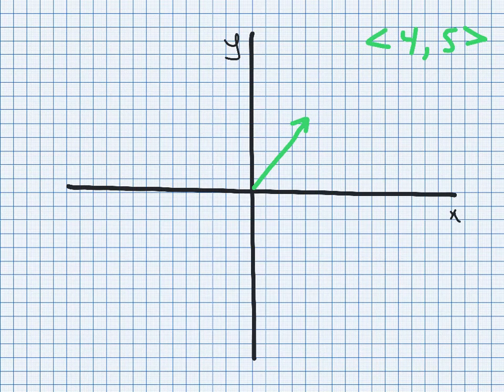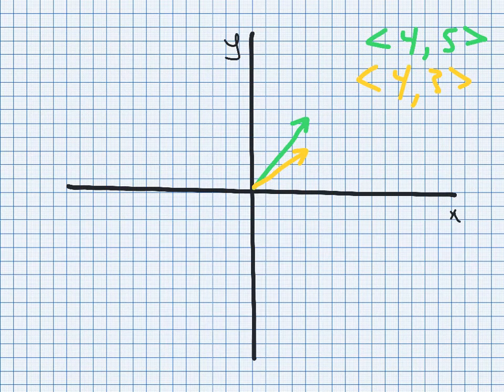Let's say ⟨4, 3⟩. So right there, I'm going to go 1, 2, 3, 4, and up 3. So ⟨4, 3⟩, like that. Now, this vector is ⟨4, 3⟩.